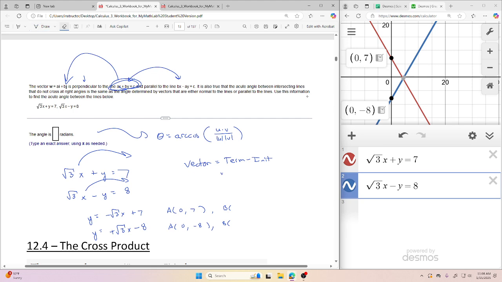So 7 minus square root of 3. And then the other one will be negative 8 plus the square root of 3. Am I correct about that? I think so. So these are my points, and now I want a vector from each one of these. So a vector for each one.